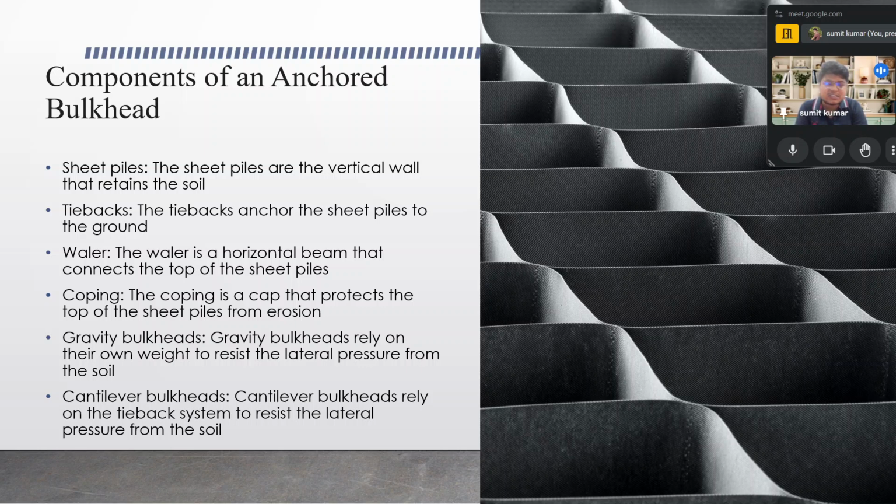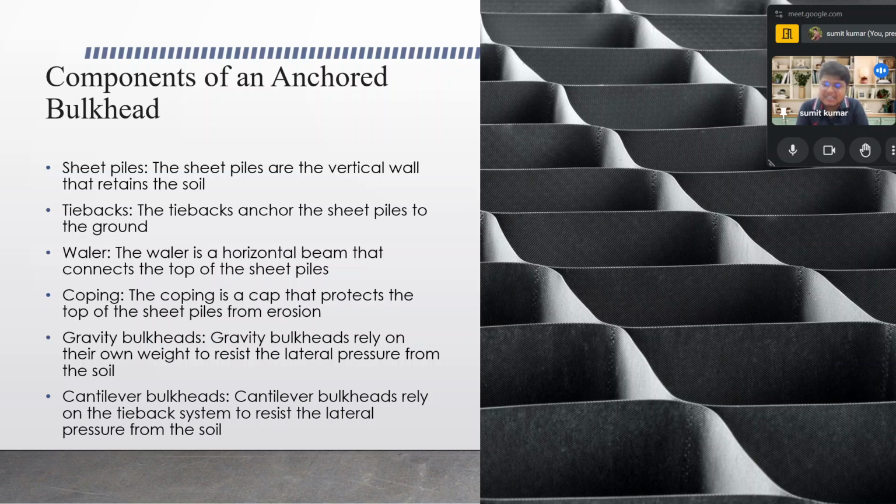Whenever earthwork is going on during construction, temporary sheet pile walls could be constructed. If some bridge piles are under construction, over there also we use sheet pile walls. In the same way, the sheet pile is one of the most important components of the anchor bulkhead.